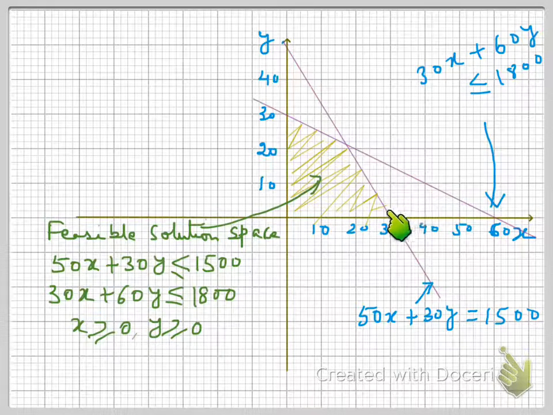But since it is above the line represented by raw material 1, if you want to produce something represented by this point, you will not have sufficient raw material 1 to produce it, though raw material 2 is available. If you take any point here in this area, you will find that raw material 1 as well as raw material 2 are not available in sufficient quantity to produce something represented by this point. So our feasible space is this.